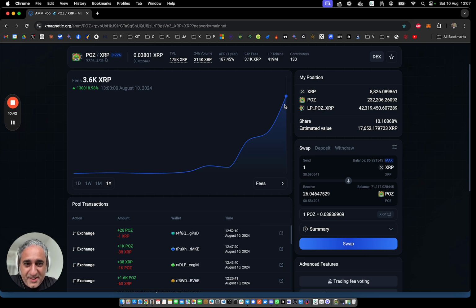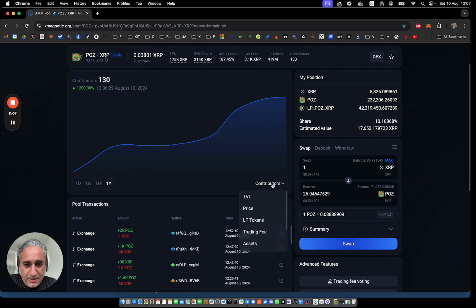I don't expect it to sustain that level of fees forever. Again, it was an exceptional day, but as you can see, the returns on this pool, because of the volatility and its fee charge, are pretty good, certainly in comparison to some other pools. You can see the number of contributors and how that's growing.